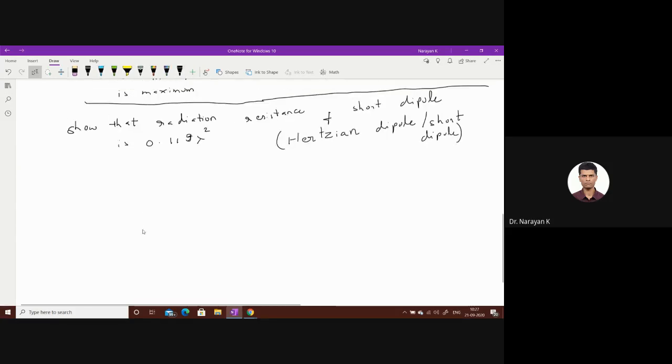I'll be just drawing one small circuit. I hope you remember this from your network theory. This is your V open circuit voltage. I'm just connecting one impedance in series with this. All of you are able to see the diagram?